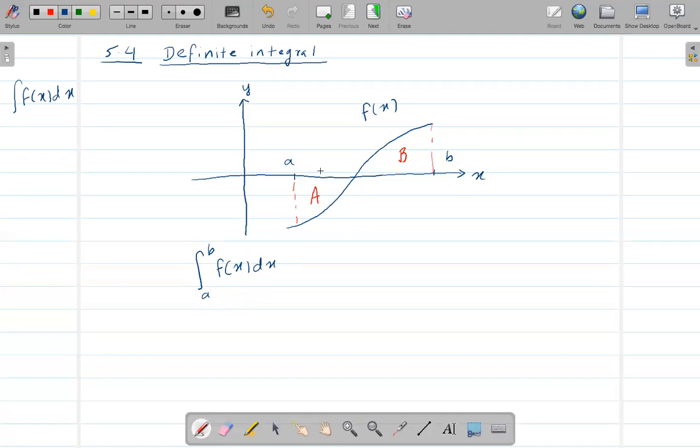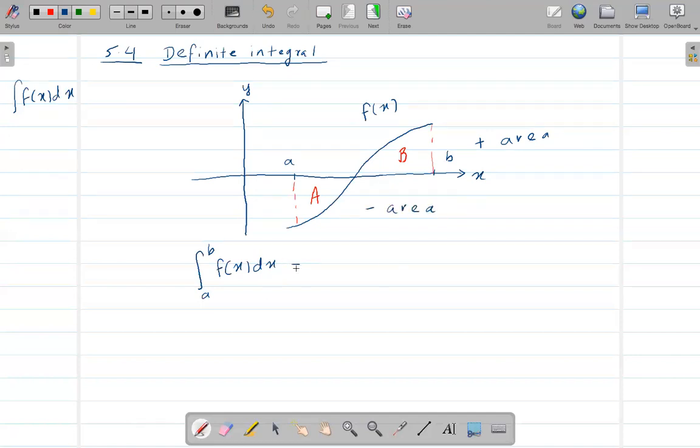The area enclosed by the graph with the x-axis, because I have x here. But the area above the x-axis will be positive area, and the area below the x-axis will be negative area.